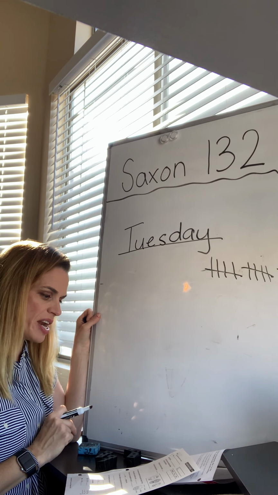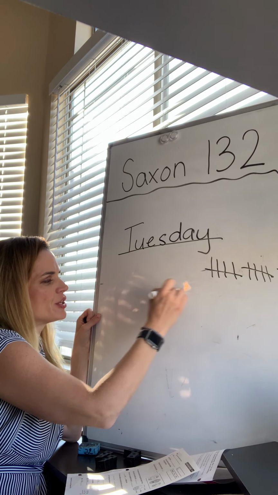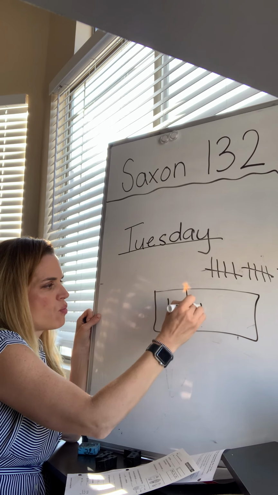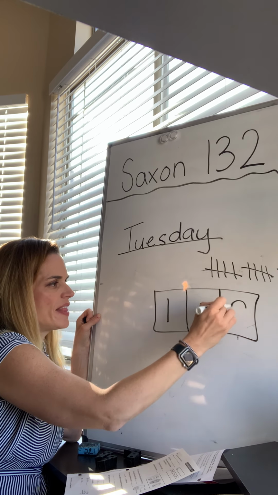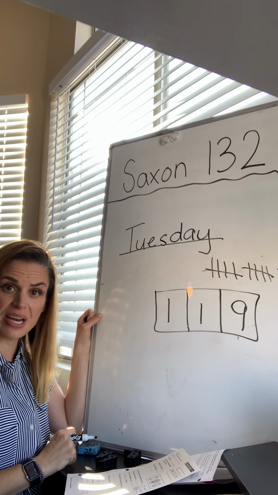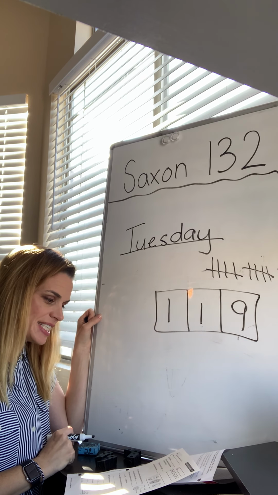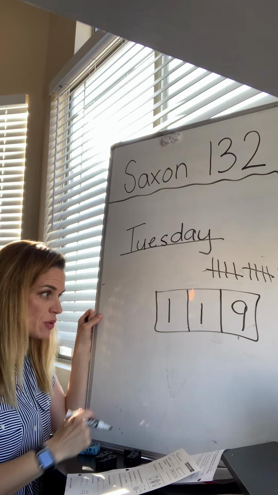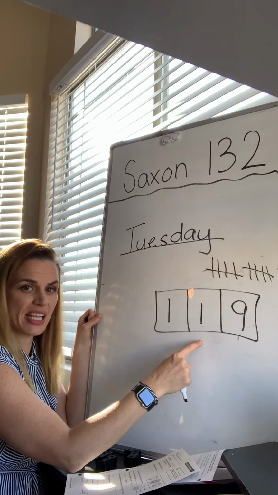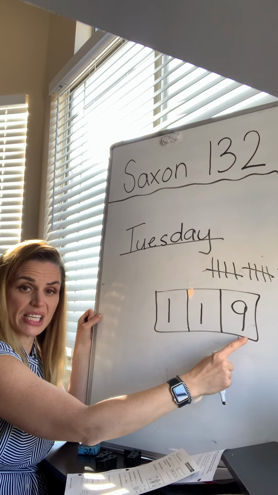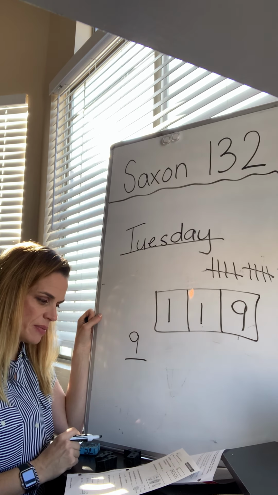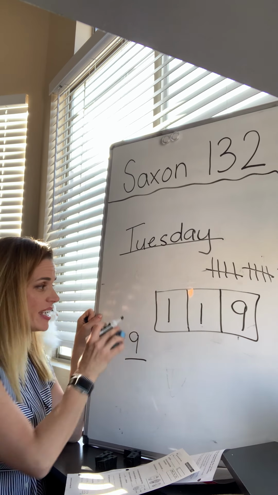And then you're going to write 119 on the place value chart. So 100. And then a 9. 119. Write what digit is in the ones place. So what digit? Hundreds place, tens place, ones place. Then, counting money.